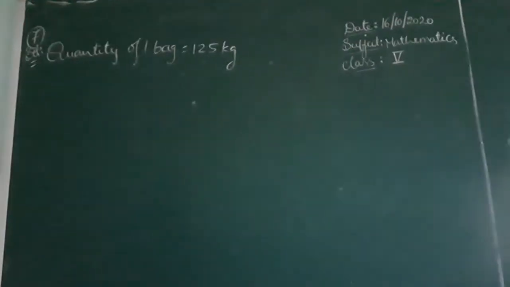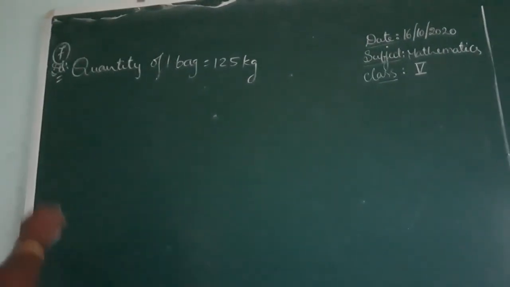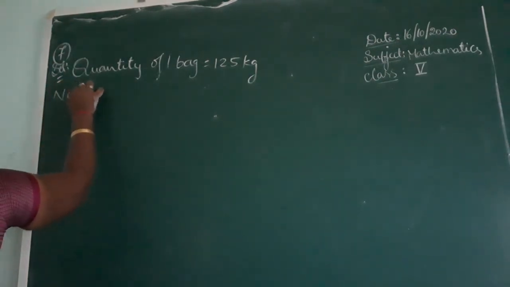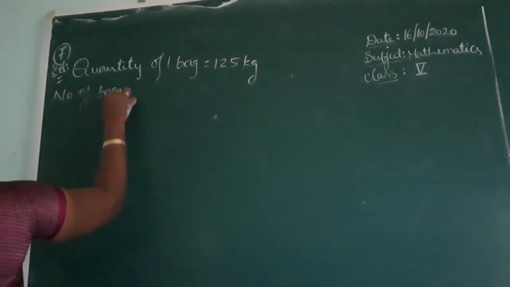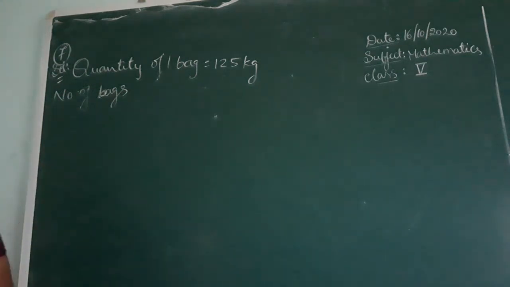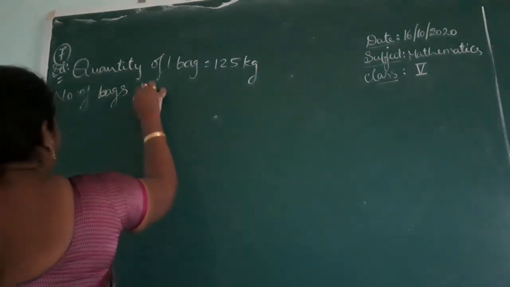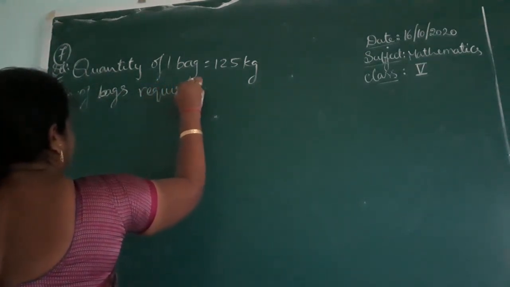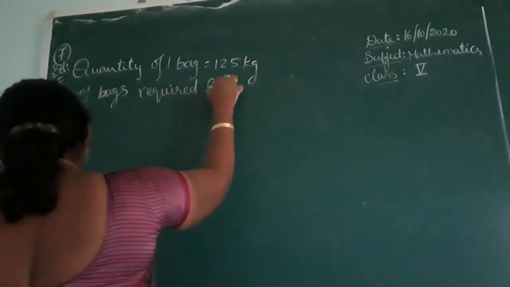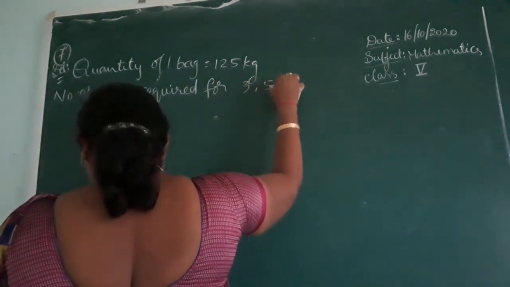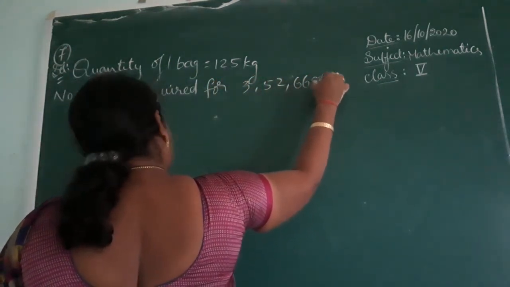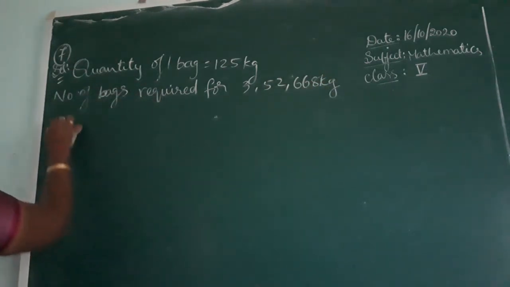They gave the quantity of one bag, and the number of bags required for 3,52,668 kg of wheat.